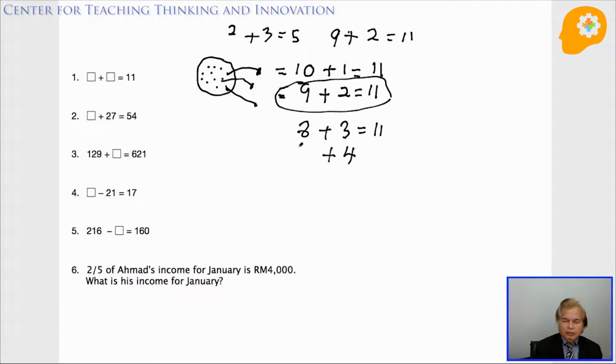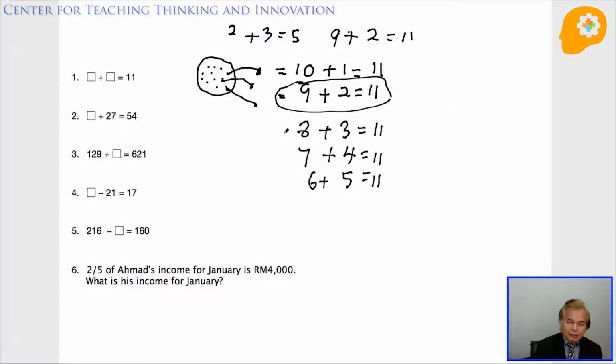If he still can't figure it out, then ask him to count. So 7 plus 4 equals 11, until he gets as many ways as possible, like 6 plus 5 equals 11. So these are the various ways of getting 11, tell him.